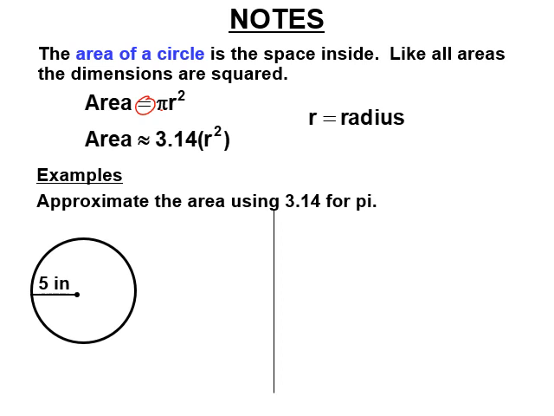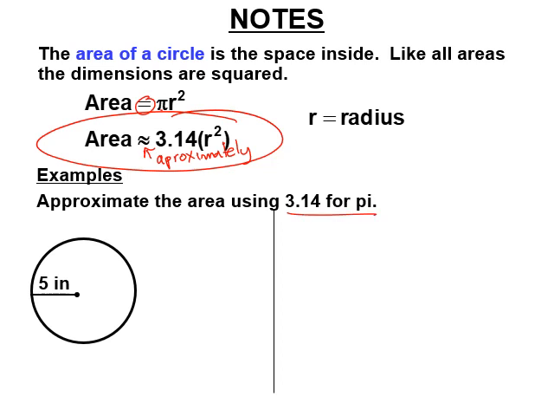So what you end up using in classrooms is an approximation of pi, and so you get an approximate answer, right? The area is approximately 3.14 times the radius squared for the area of a circle. So let's do that. It says approximate the area using 3.14 for pi.